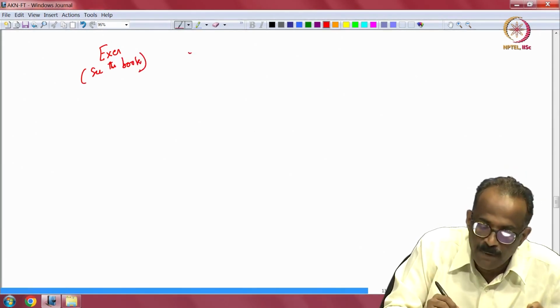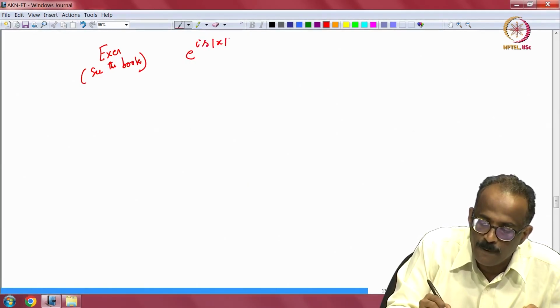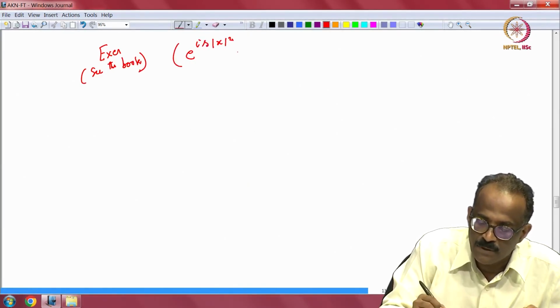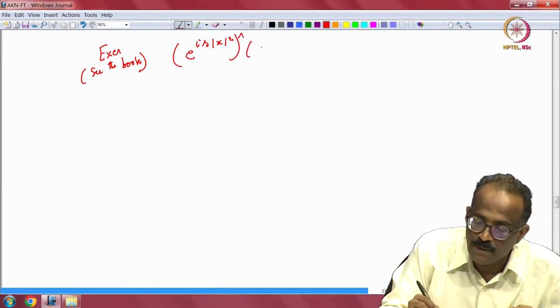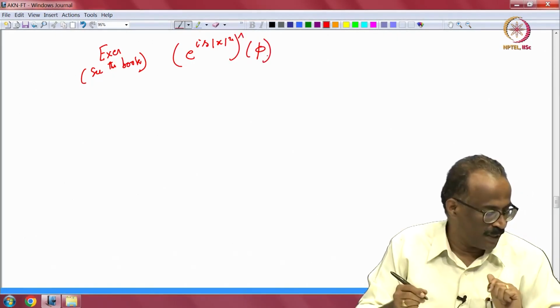Okay, e power i s mod x, its hat, so it's an action on phi hat. That's how you want to write it.